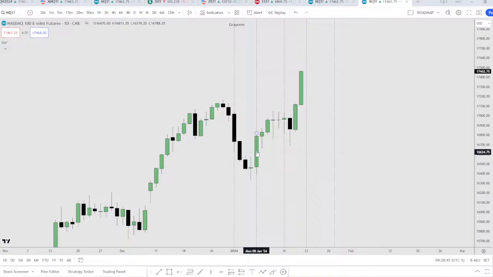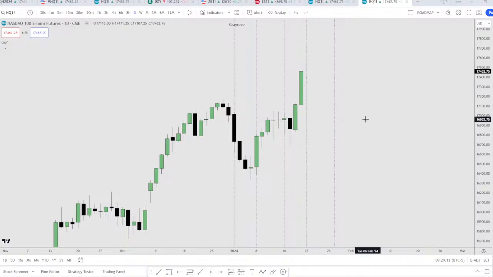I would start Q1 from here, 8th of January. So from 8th of January, the first week, we have a rally. Second week down here, we have manipulation, and then followed by expansion.